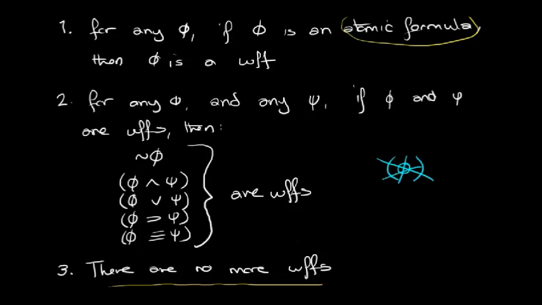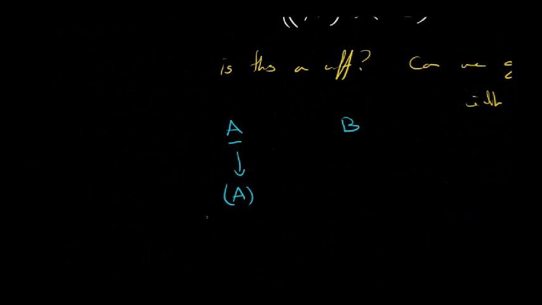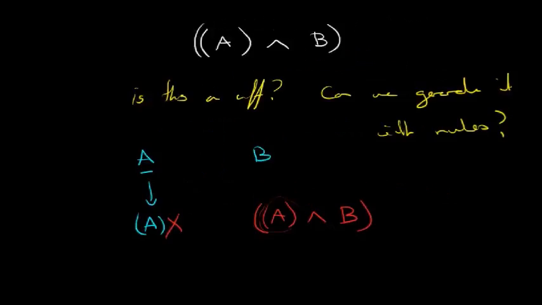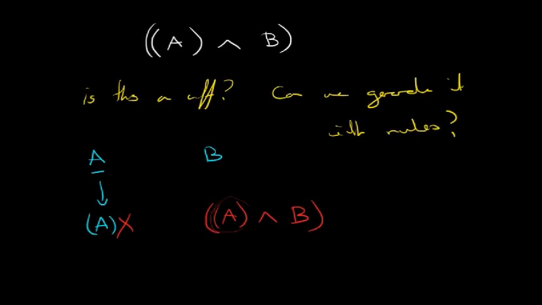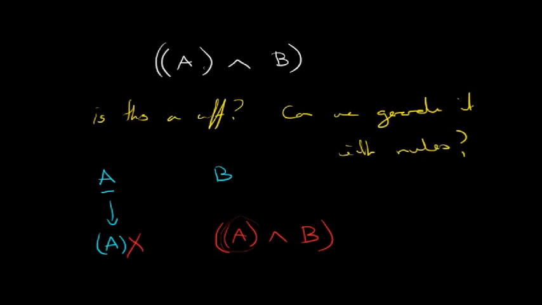So, because of rule 3 saying there are no more well-formed formulas, this is not a well-formed formula. And so, therefore, we wouldn't be able to generate this, because this isn't a valid symbol that we could use to construct it. So again, we've got something which is unambiguous, but nonetheless is not a well-formed formula.